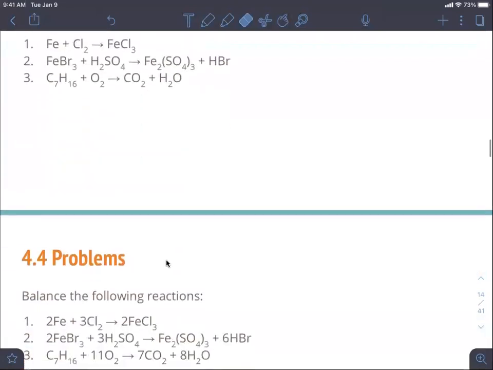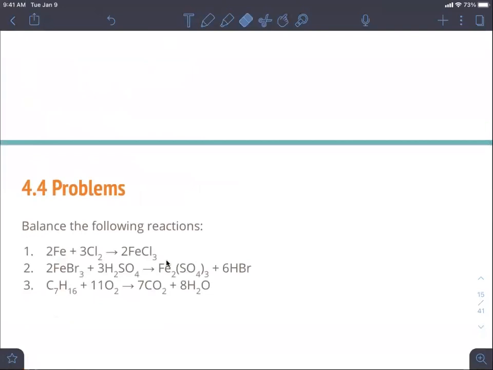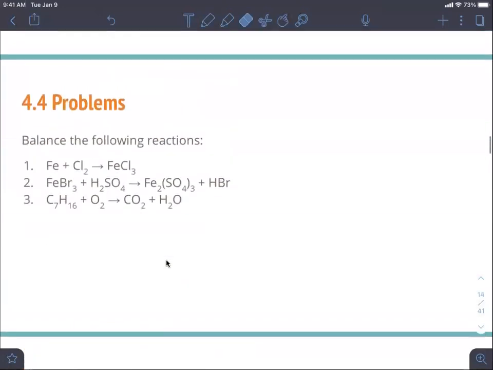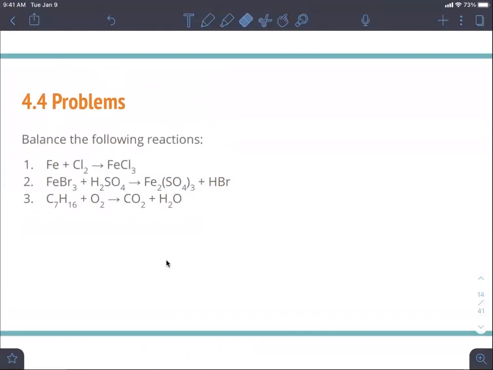Okay, so let's go over these really quick. These are the answers, but let's do these together because sometimes balancing can be pretty tricky if you're not paying attention to each element.